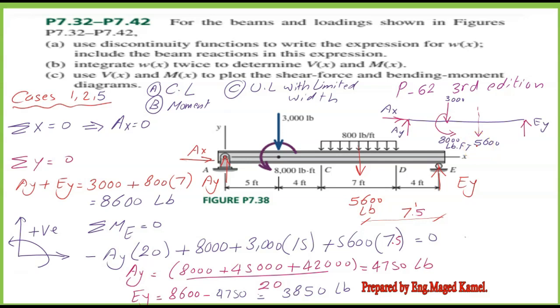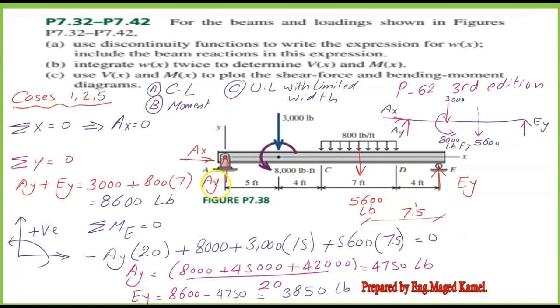The last equation of equilibrium is the sum of M at E equals 0 for all the forces, considering the anti-clockwise direction is positive. So AY multiplied by its arm will create a clockwise moment, so we consider it as negative.